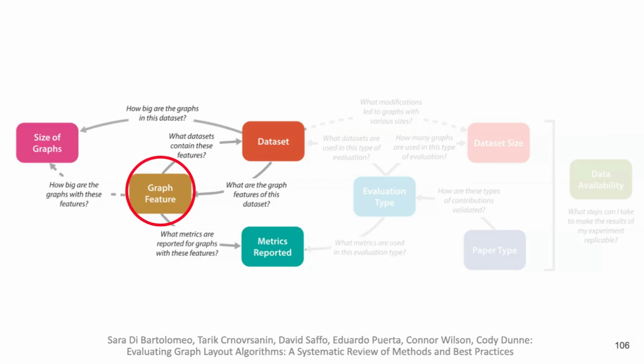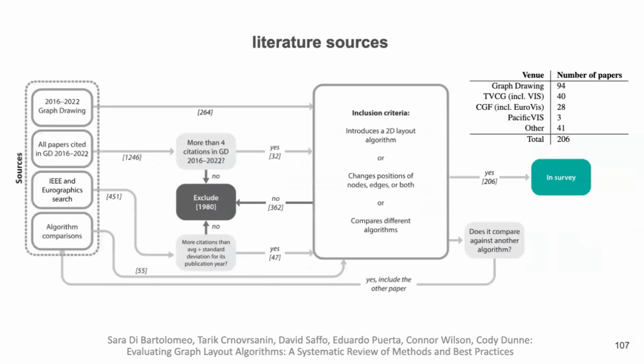Then the metrics that I need to report, if I want to show how brilliant my thing is, are metrics that need to be associated with clusters. Then the data set that I'm going to choose will have to be a data set that is associated with clusters.